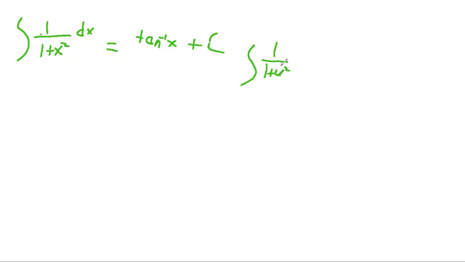So this is the integral of 1 over 1 plus u squared du plus a constant of integration. Now this is actually quite a powerful result.